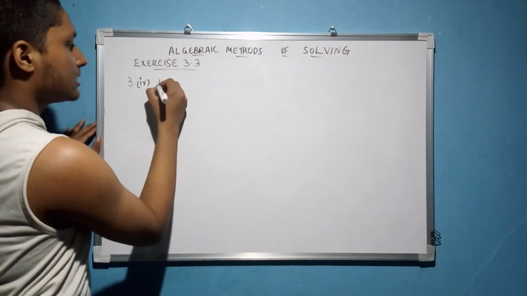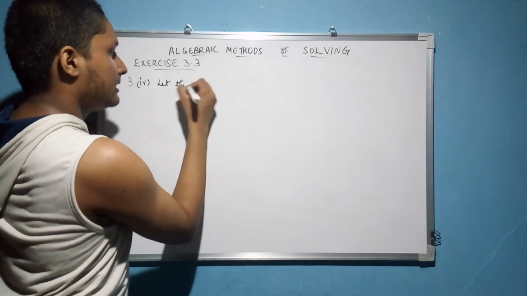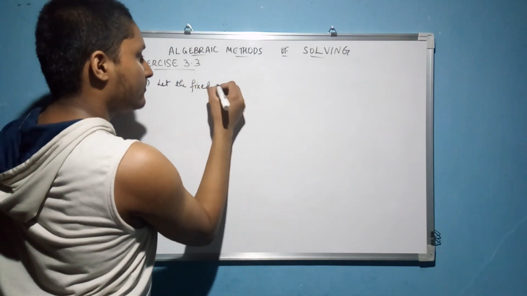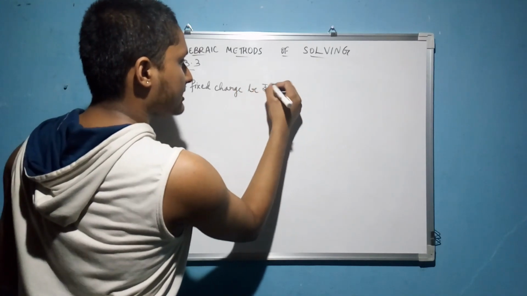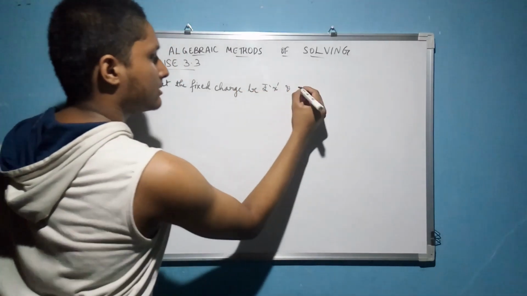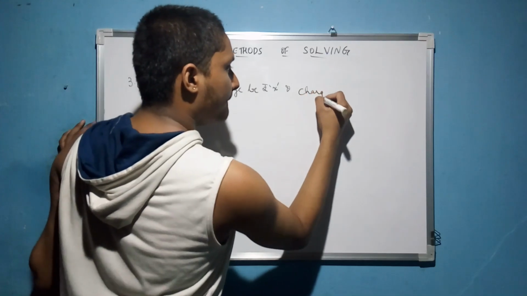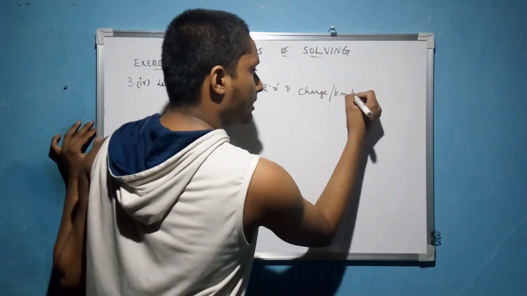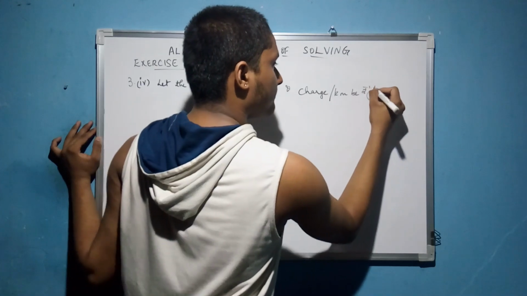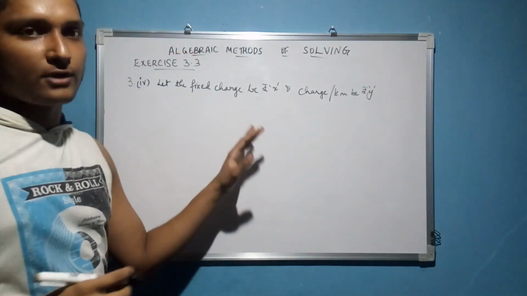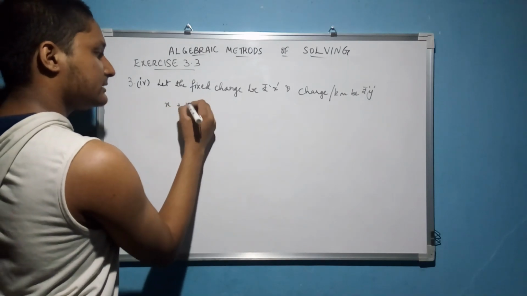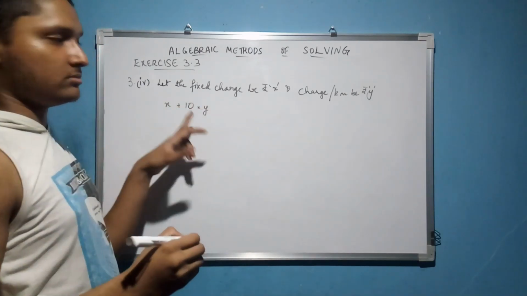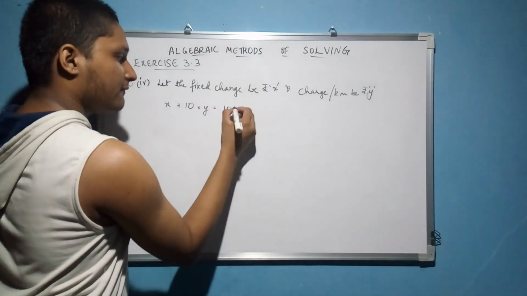So for the first part, let the fixed charge be rupees x and the charge per kilometer be rupees y. For the first case, that is 10 km, it is x plus 10y, and it was rupees 105.